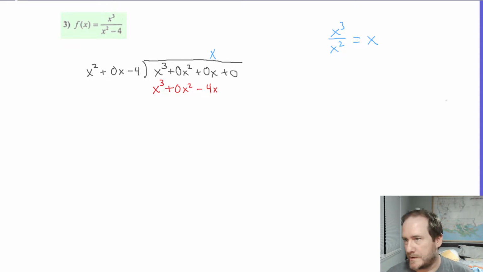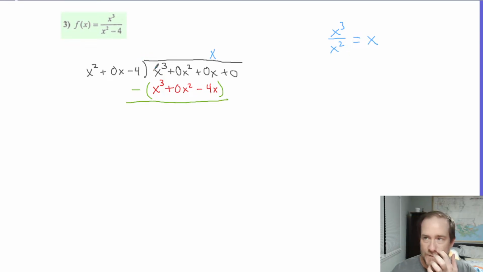So where were we? We were polynomial long dividing. So what's the next step? Once you've found how many times your function divides into your other function, you multiply that through, and now we are subtracting. So be really careful with your subtraction. The first two terms should always cancel out.